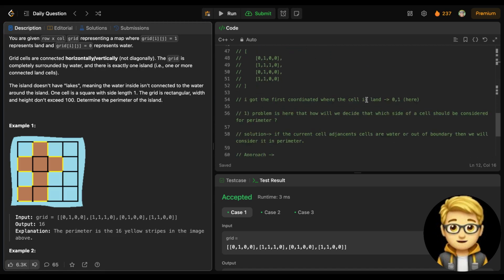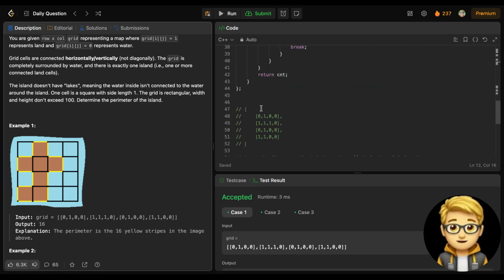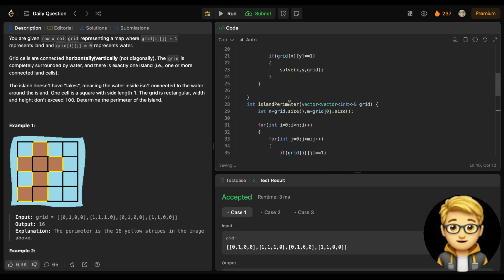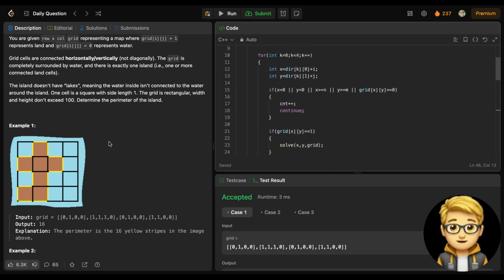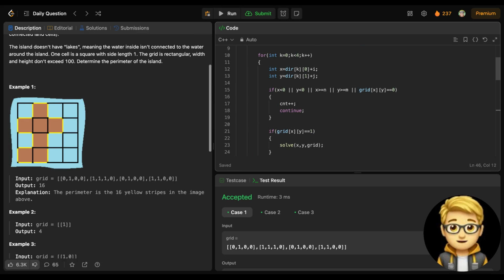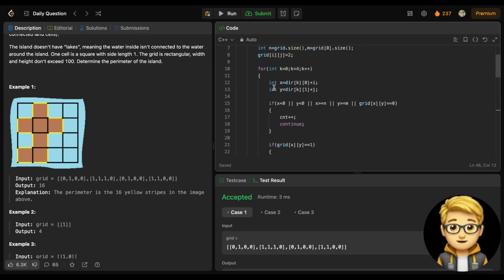So what will be the time complexity for this? We are moving in all four directions in the whole grid, and we are not visiting the same cells again and again.